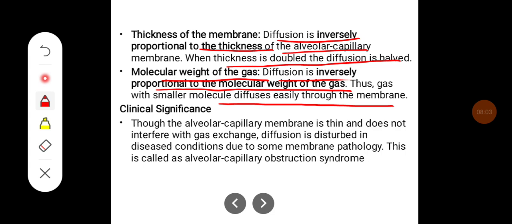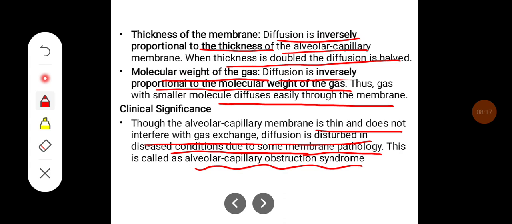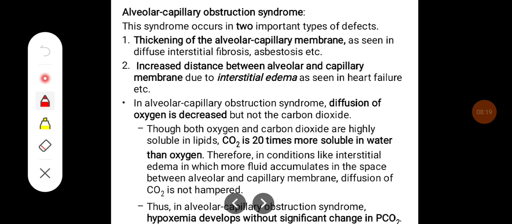Though the alveolar capillary membrane is thin and does not interfere with gas exchange, diffusion is disturbed in disease conditions due to some membrane pathology. So this is called alveolar capillary obstruction syndrome. This syndrome occurs in 2 important types of defects.